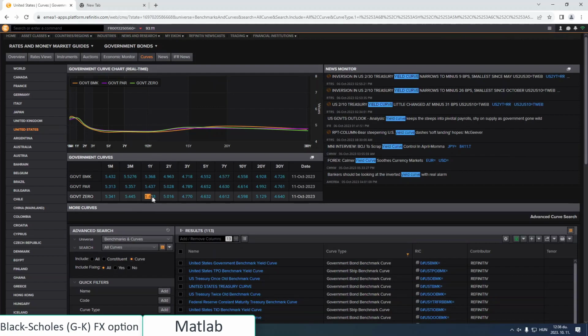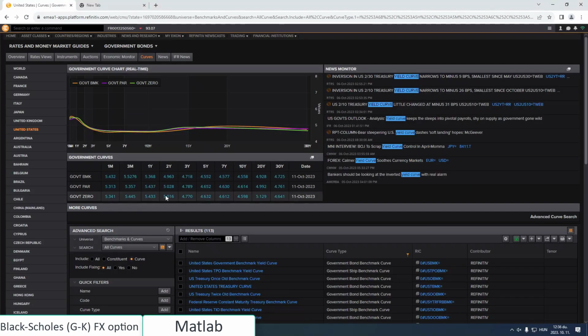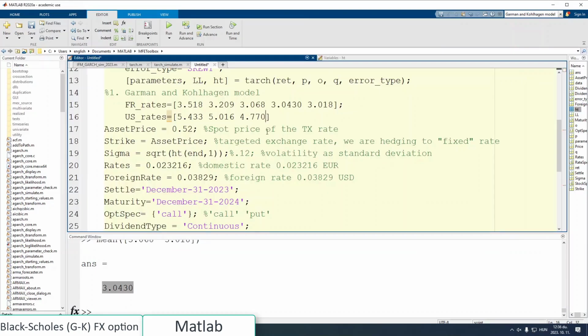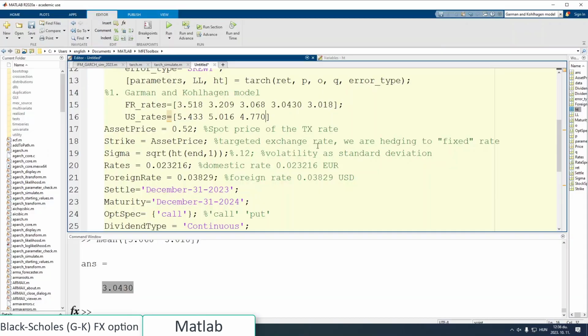But why don't they have yields for three? Again.